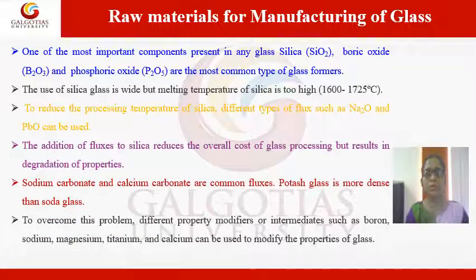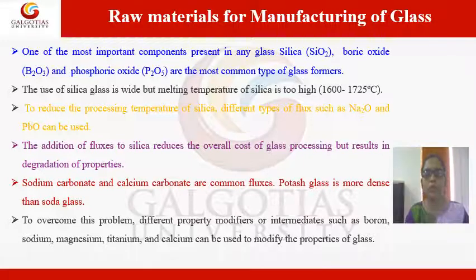Let us discuss the function of raw materials for manufacturing of glass. Silicon oxide, boron oxide and phosphorus oxide are the main important components present in glass. These are the most common types of glass formers. The use of silica in glass production is very wide, but the melting temperature of silica is very high, that is 1600 to 1725 degrees centigrade.